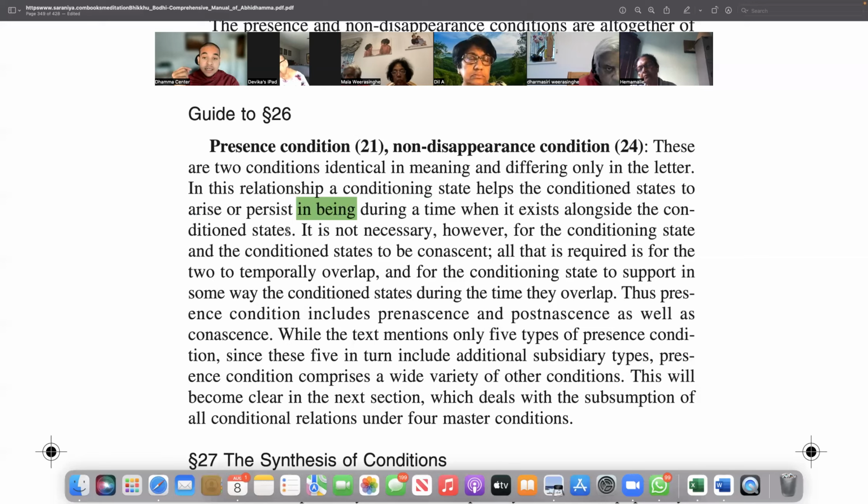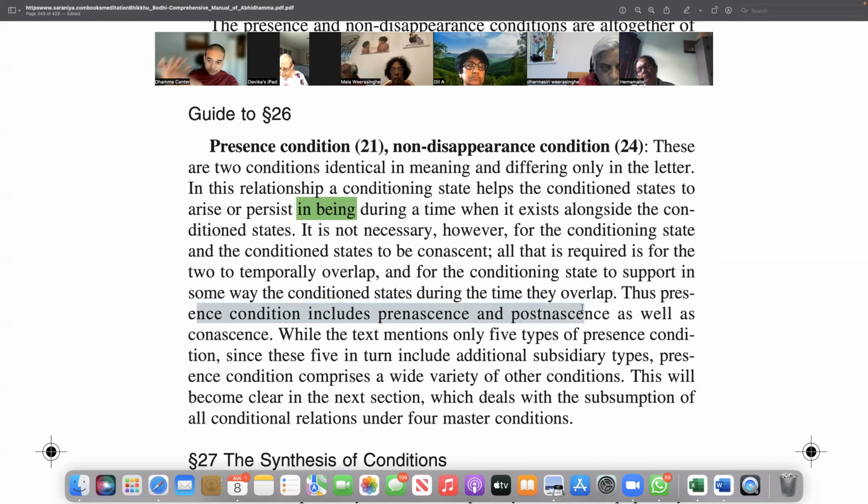It is not necessary, however, for the conditioning state and the conditioned states to be connascent. All that is required is for the two to temporarily overlap, and for the conditioning state to support in some way the conditioned states during the time they overlap. Thus, presence condition includes pre-nascence and post-nascence.